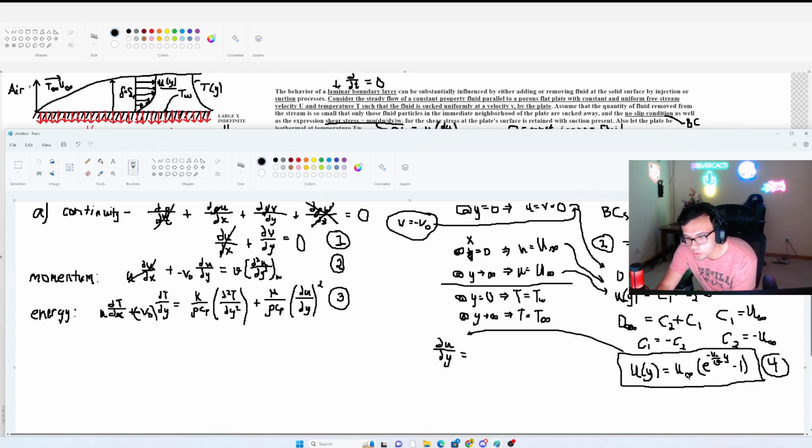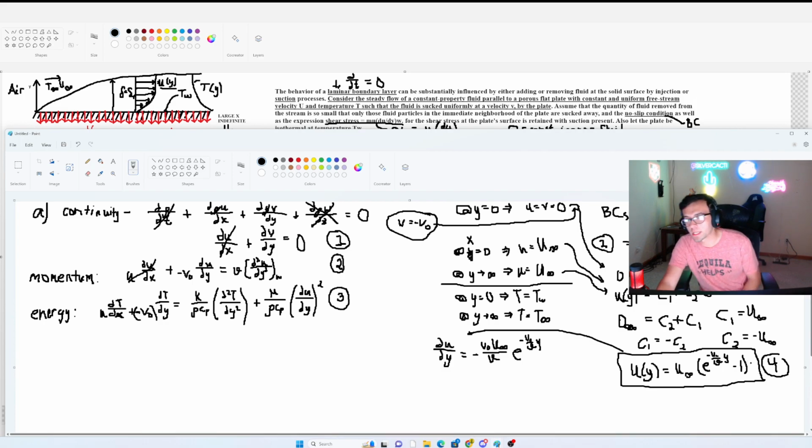That's going to equal minus v sub o u sub infinity over viscosity times e to the minus v sub o over viscosity y.